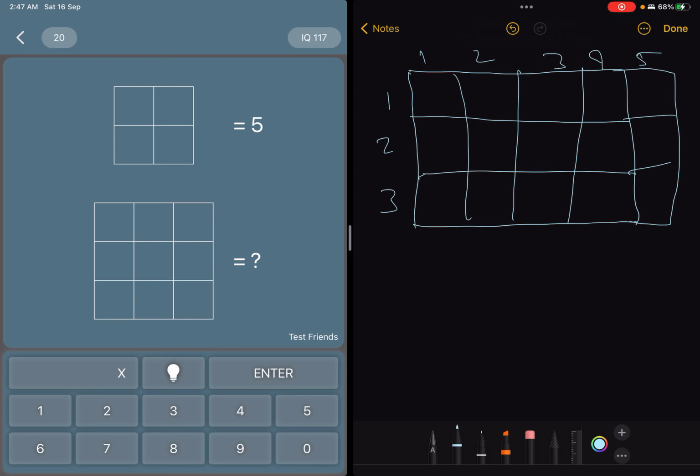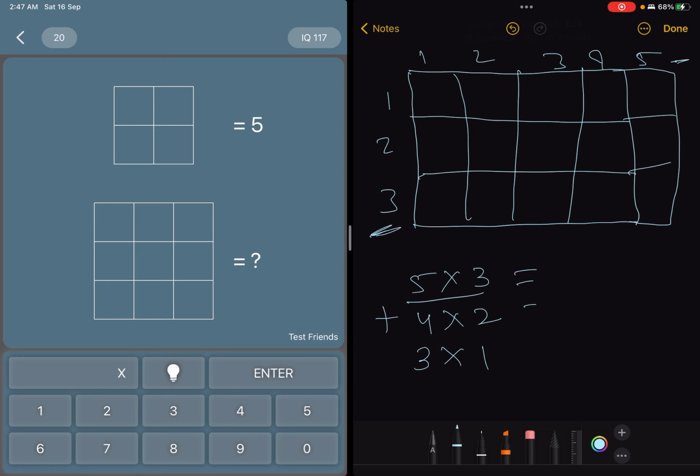Okay, I hope that you have solved it yourself without going further. The number of squares here would be 5 into 3 plus 4 into 2 and then 3 into 1.